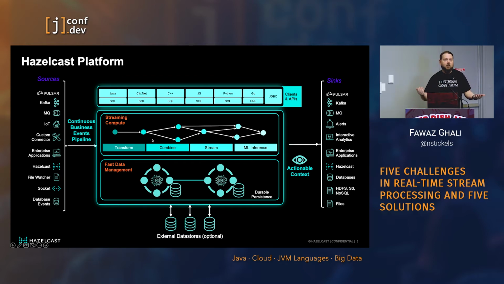So it's distributed, distributing that compute across the cluster to allow you to do things like transforming or combining data between streams, combining data between your stream and your in-memory data grid, to run machine learning models, to do essentially whatever types of streaming jobs you need to do, whatever work you need to do on that data, and then spit that out somewhere so that something else can make use of whatever it is that you were doing.